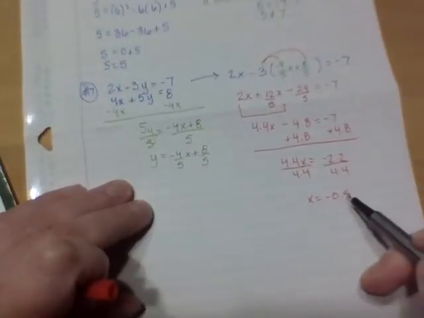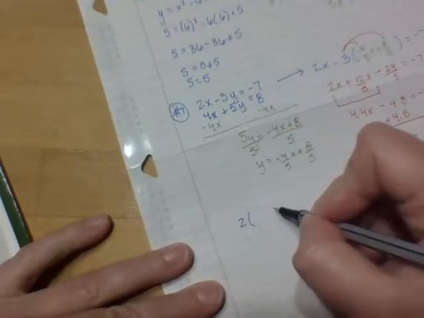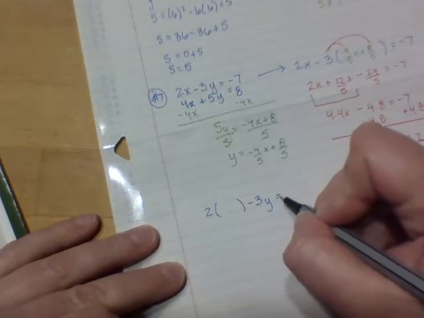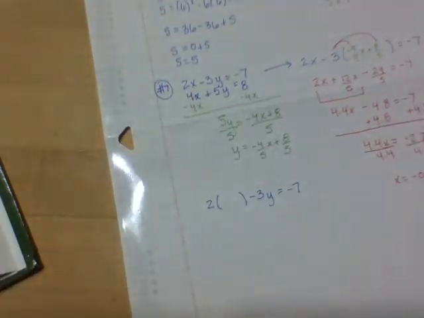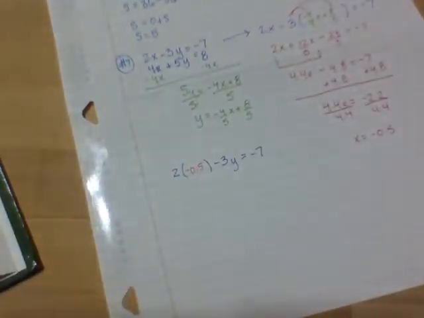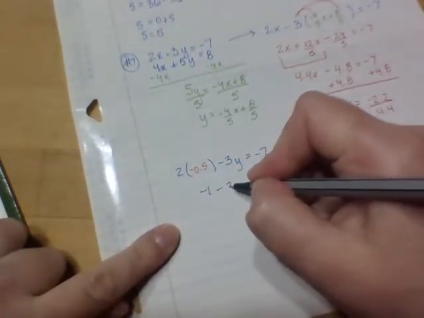All right, so if our x is negative a half, that means that we plug that back into one of the original equations. So we take 2, and instead of an x, we'll put in negative 0.5 minus 3y equals negative 7 in order to solve for our y value. So negative 0.5 makes this negative 1.